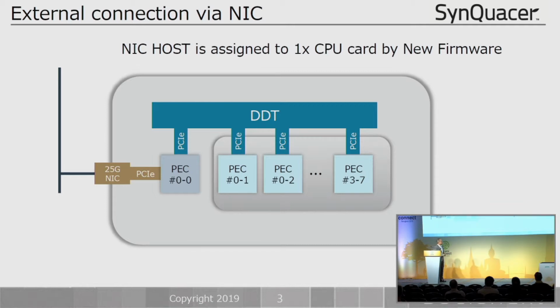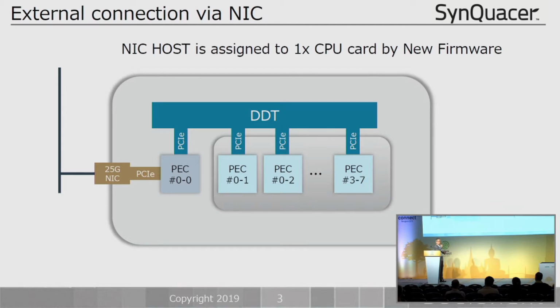One CPU card, we call that a PEC, which stands for Processor Element Card. That PEC connects through PCI Express to the network card. That CPU works as the network card host, connecting to all other PECs internally.